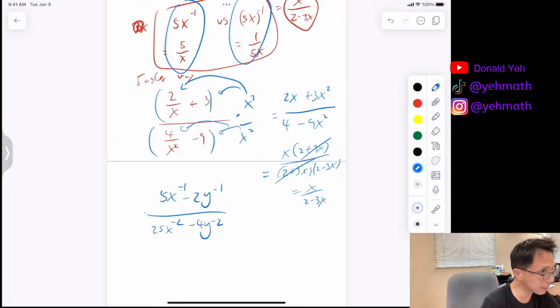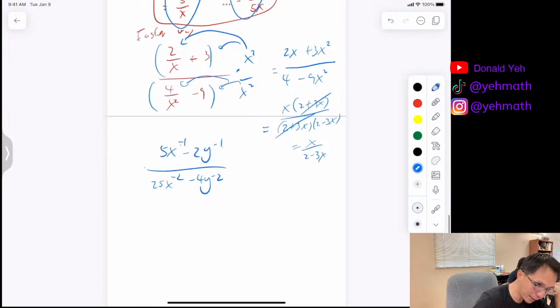Okay, so this is what I put on. Can I rewrite all the things there? So 5x to the negative 1, can I rewrite it? What can I rewrite it as? 5x, good.